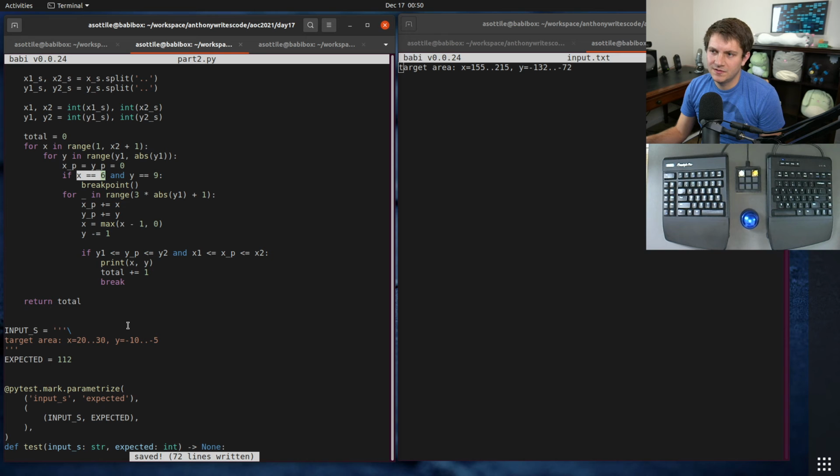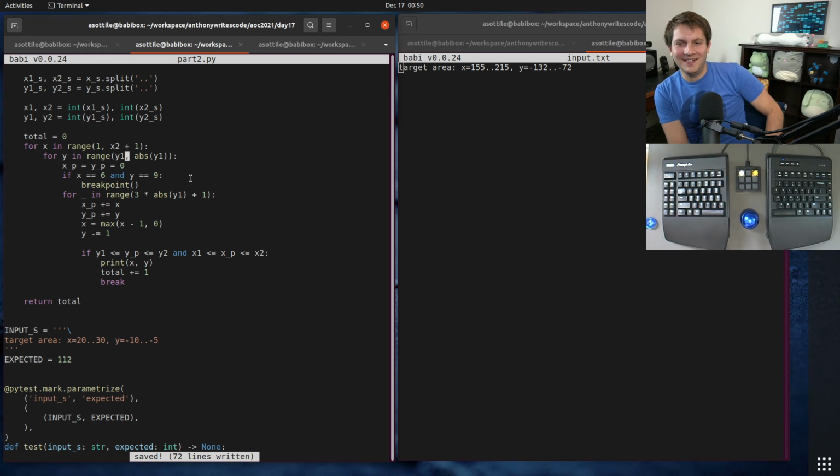Y should be hitting this case. This is the edge case. Abs Y1. Y1 is -10, so that should be 10, so it should hit 9. Why do we never hit that? Wait, what?